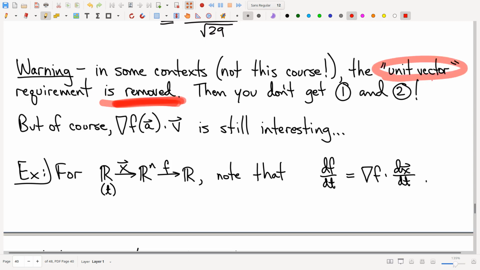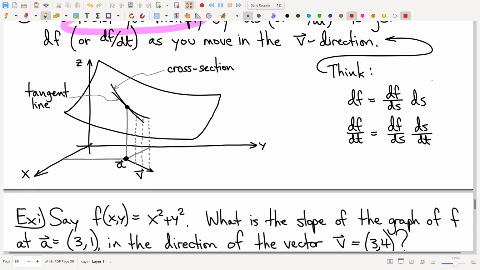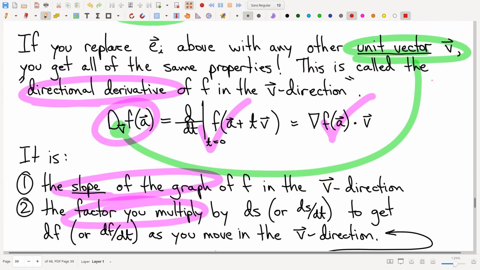Now, that was a big deal for how we defined it. What we have here is critical that this be a unit vector, because the point of view we're taking is that this unit vector could have been a standard basis vector. No reason it couldn't have been. Let's pretend that it was. All these facts should still be true, independent of what arbitrary coordinate system we've used.